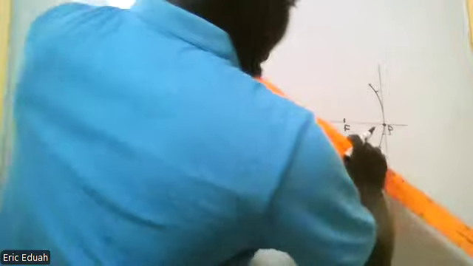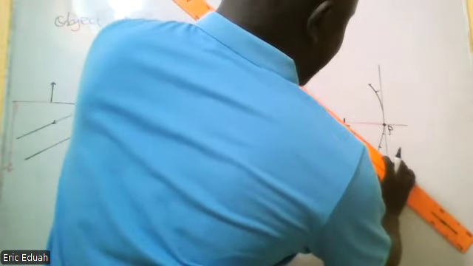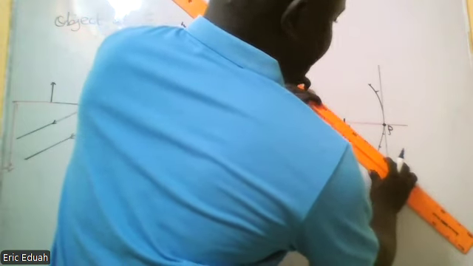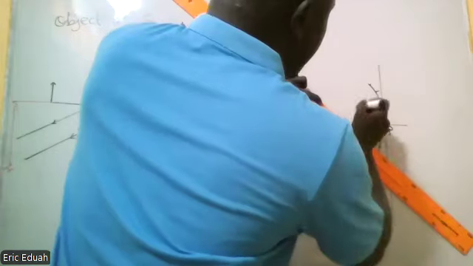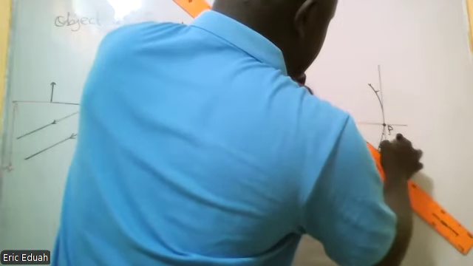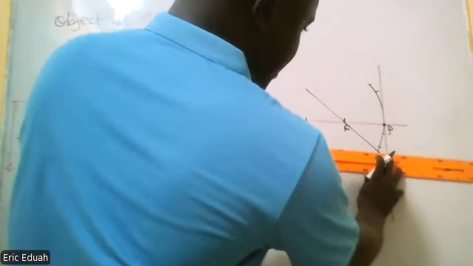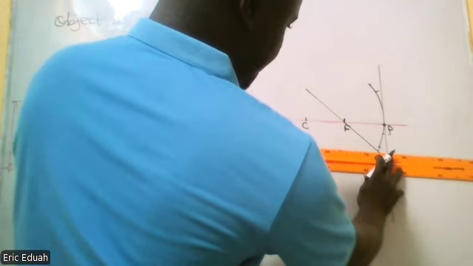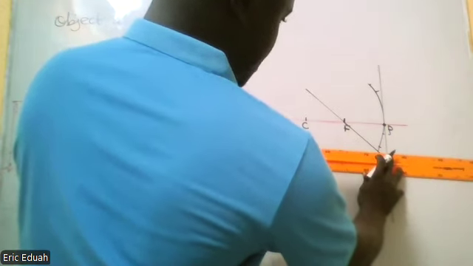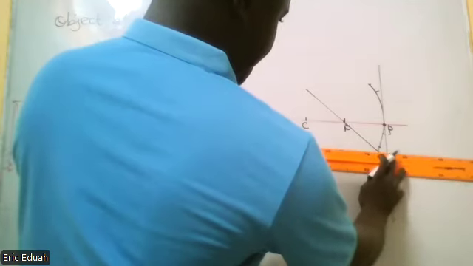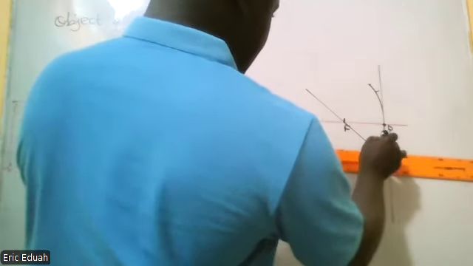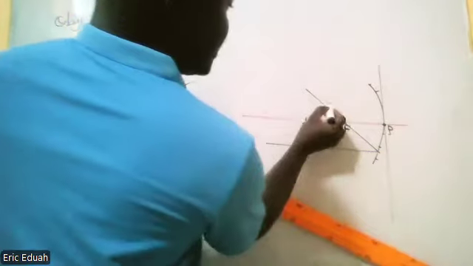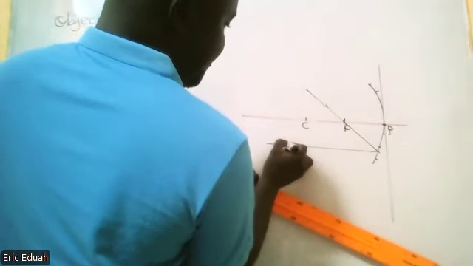So whenever a ray of light passes through F, after reflection, the reflected ray must be parallel to the principal axis. Rule one. So the reflected ray, so incident, reflection.